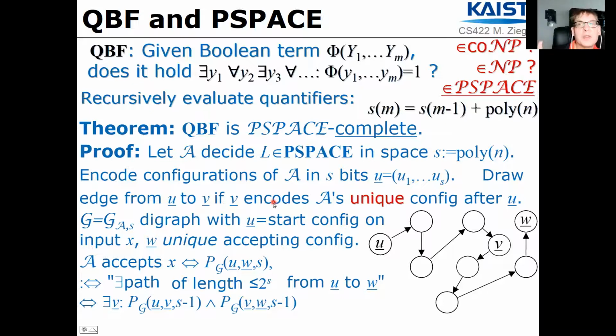And remember, according to the Cook-Levin theorem, a single step can be expressed as a large Boolean expression, satisfiability. So it seems like we're all done here, but let me point out two difficulties here.